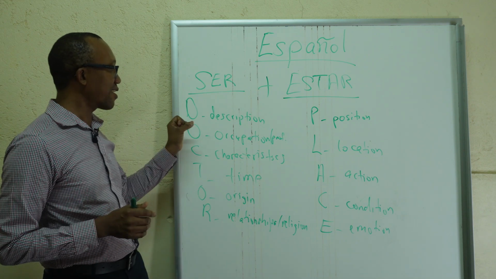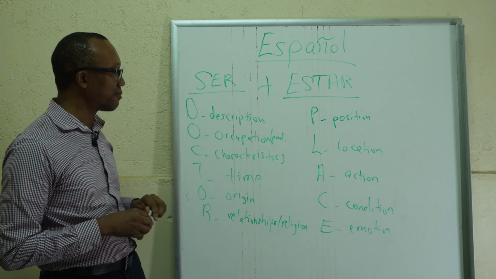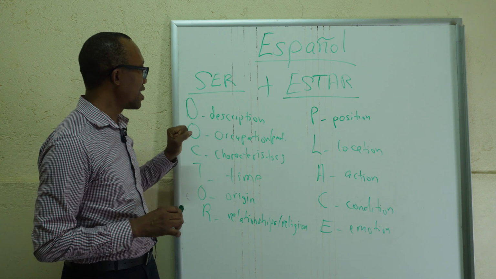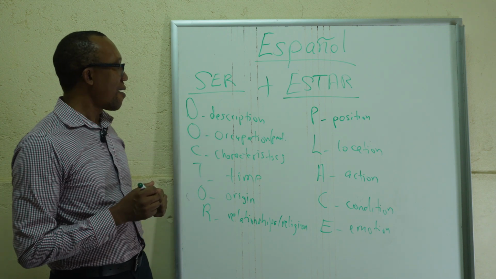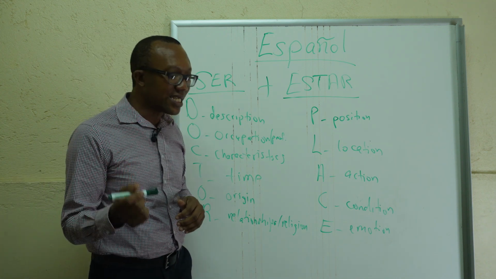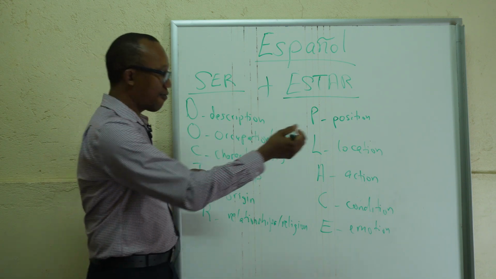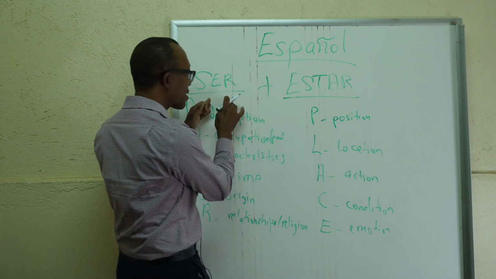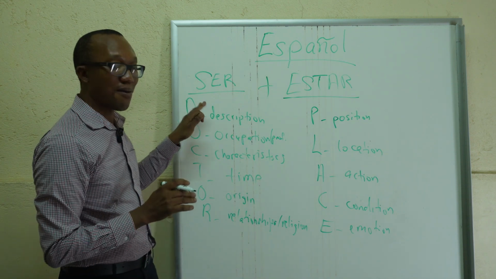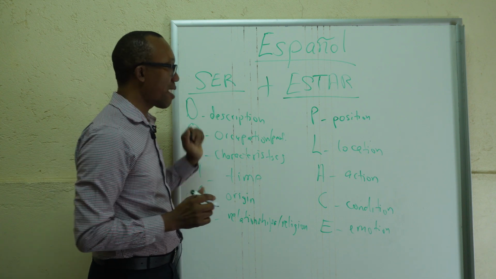So let's take the SER, for example. The description. So if I'm going to say, my mother is slim, I have to use this form because this is describing my mother.